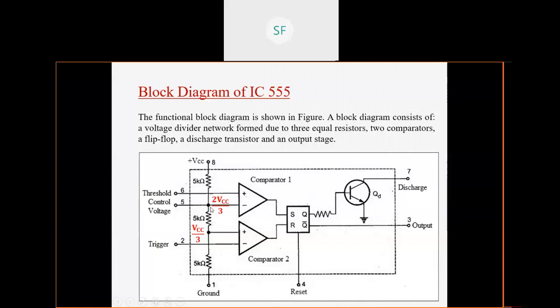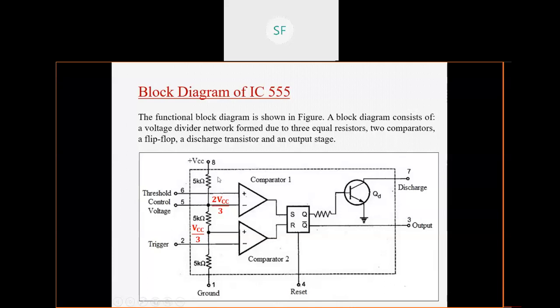These dark circles, black dots, are nothing but the connections. That means your first resistor is connected between these 2 points, the second resistor is connected between these 2 points, and the third resistor is connected between ground and this point. So these connection points are very important.